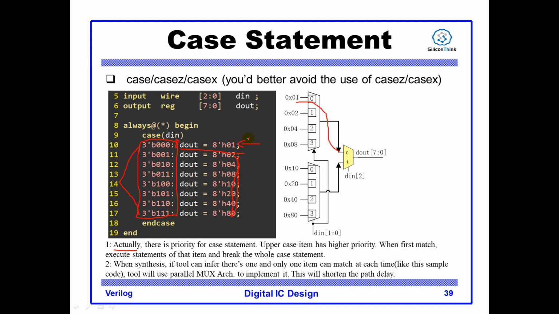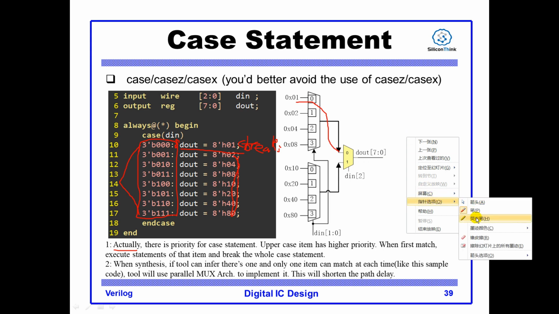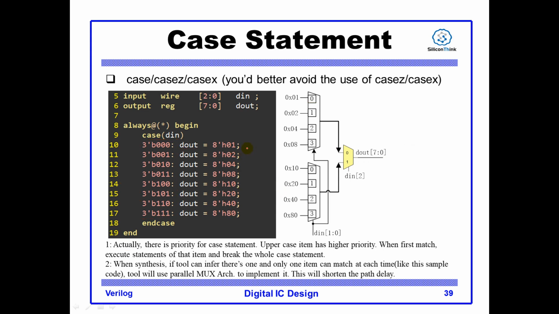This is like writing a break statement after this statement, like in C code. But in Verilog, you don't need to write the break statement. By default, the Verilog syntax thinks there is always a break at the end of each statement.